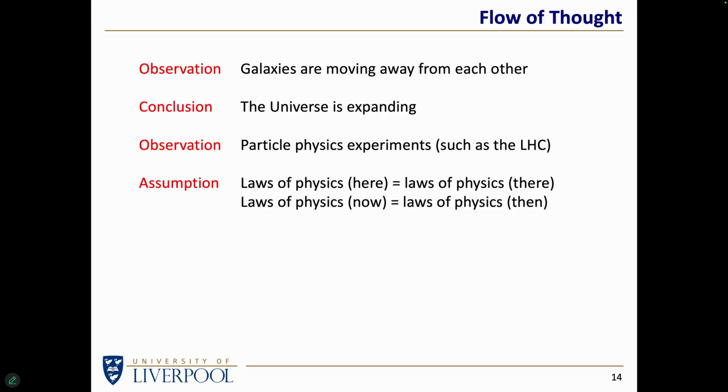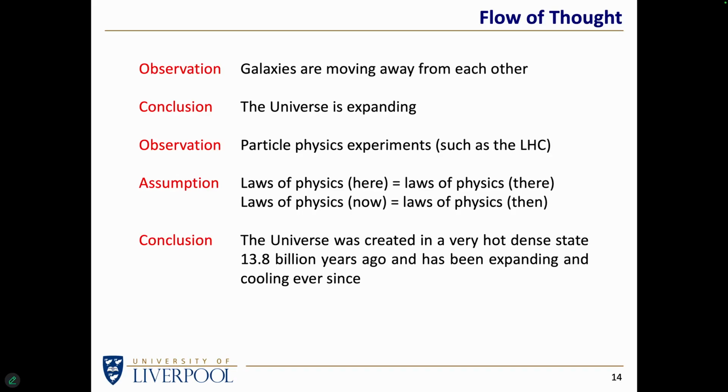Nothing we learn today could possibly be applied tomorrow if the laws keep changing. So we have to assume that the laws of physics are the same everywhere and have always been the same and will always be the same. Otherwise we can make no progress with our understanding. So it is an assumption, but it's a necessary assumption.